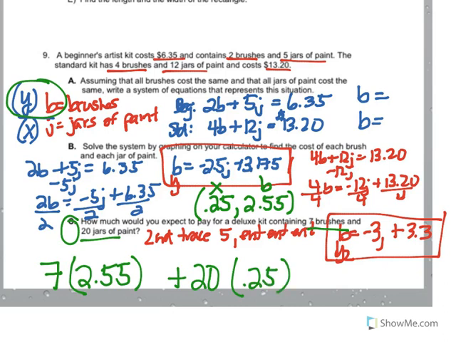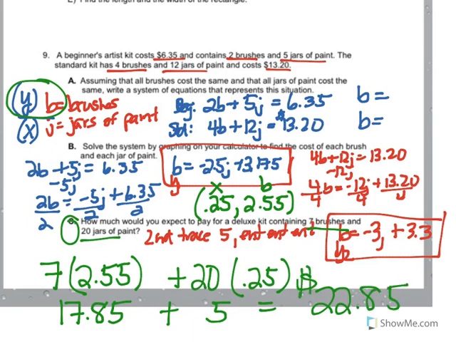And let's just see what those add up to. You get $17.85. You can use your calculator to figure that out. And if you have 20 jars of paint at 25 cents each, that's $5. And you add those two together. So the deluxe kit costs $22.85.